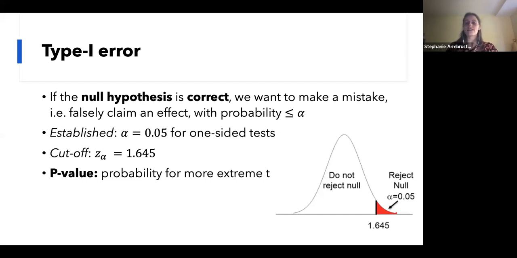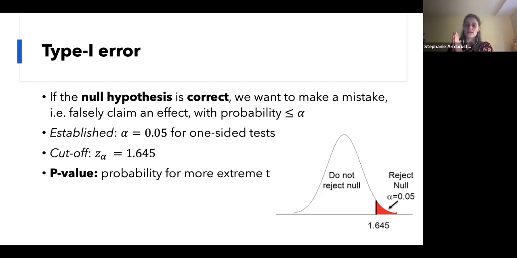So how exactly does that translate into a test scenario? As you can see down here in this graph, you have the distribution, as we already talked about, of our t-value under the null. So how does it normally behave? What kind of values would we expect, given that our treatment has no effect?